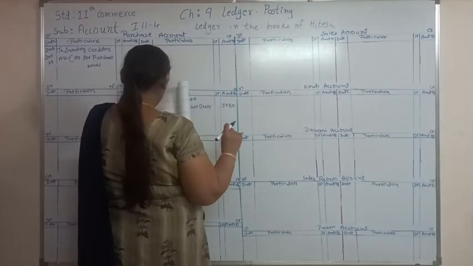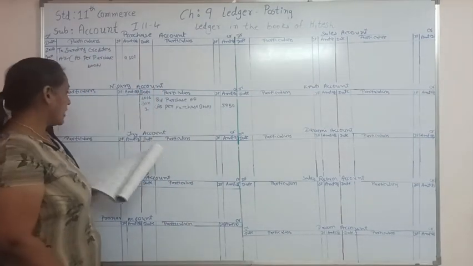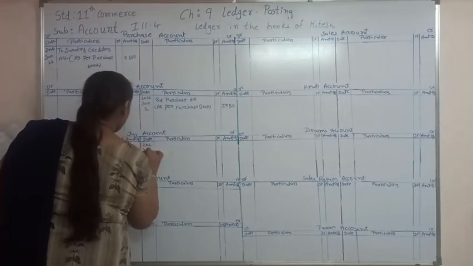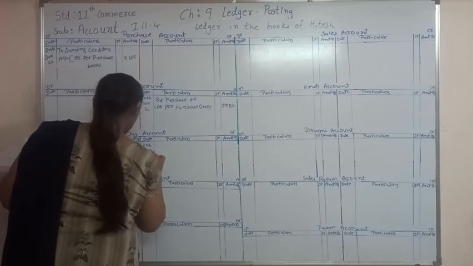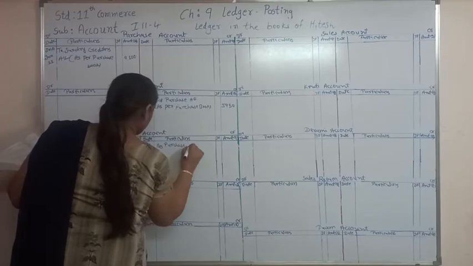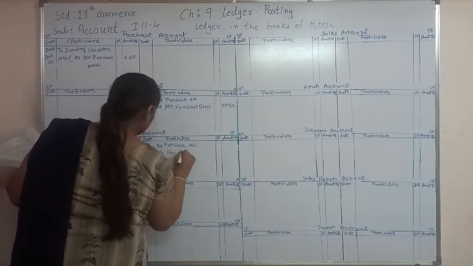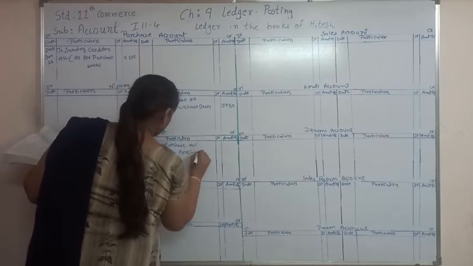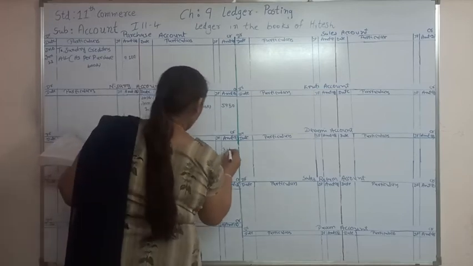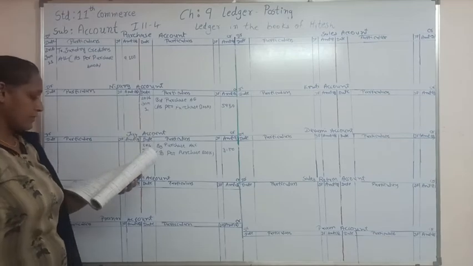So that is for the Nisarg account, and next is the Jai account, on 2016 January 2nd, by purchase account as per purchase book, and the amount is 3,150. So total is 9,100.